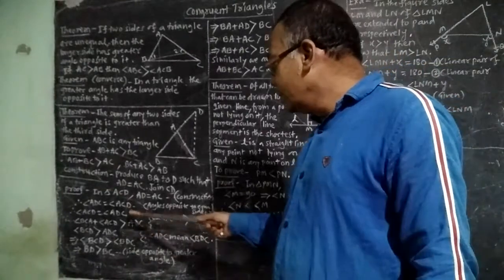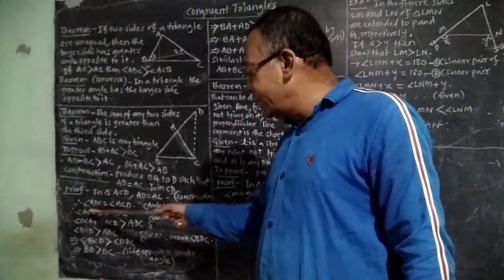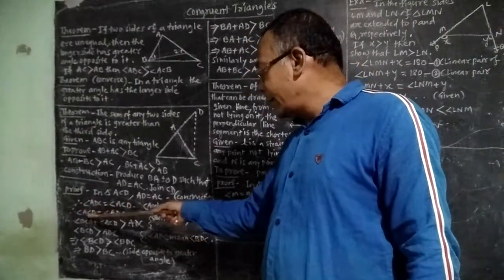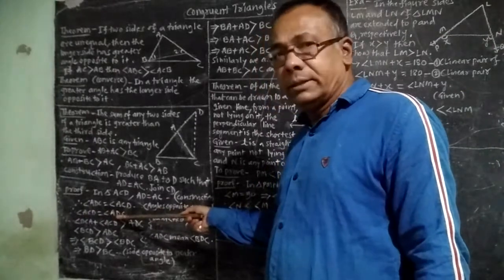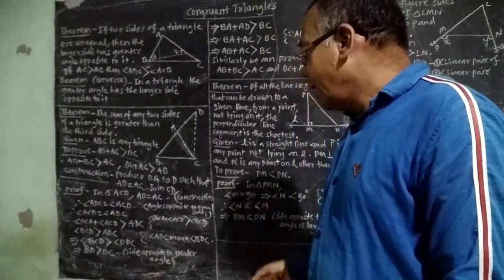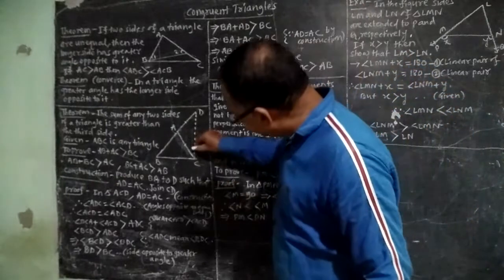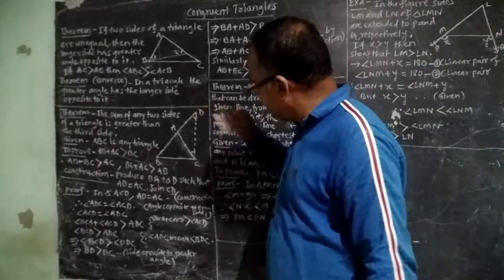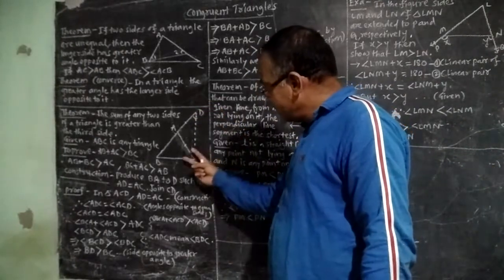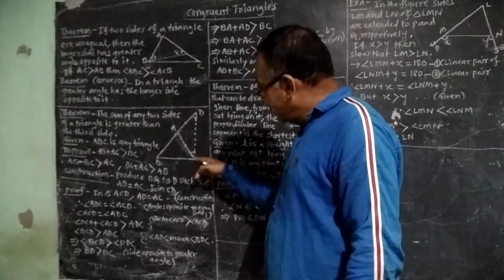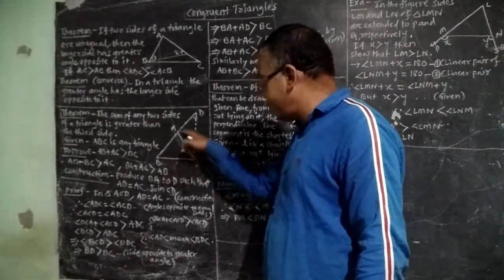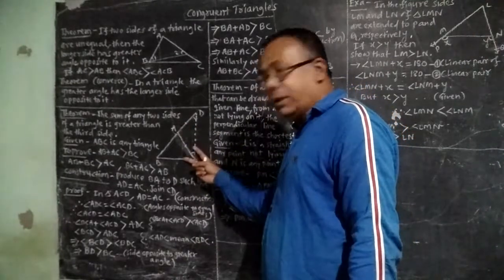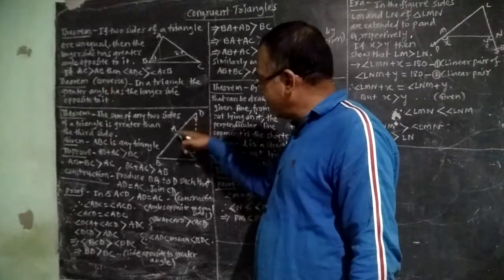So angle ACD equals angle ADC, that is, angles opposite to equal sides. Now if we add angle BCA to angle ACD, then the angle formed will be greater than angle ADC.